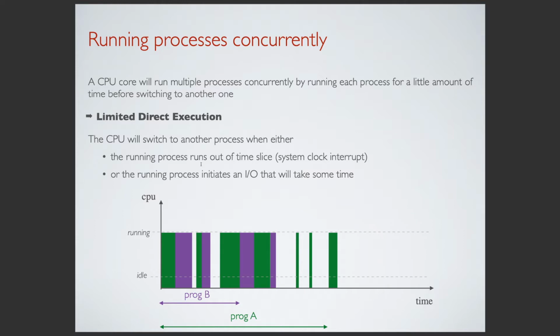If you have a process A and a process B, you execute a little bit of process A, then move to process B, then again to process A, then process B, and so on and so forth until they are done. Every time the CPU executes a program, the program has the CPU, and the CPU keeps executing that program. This is called limited direct execution.